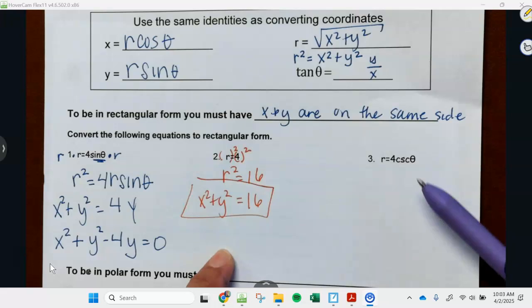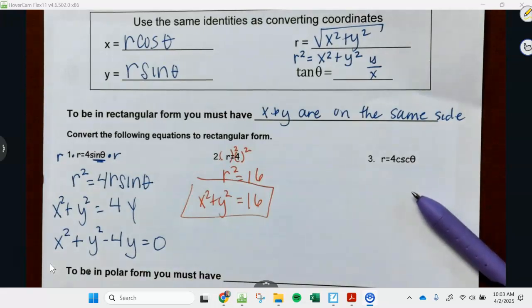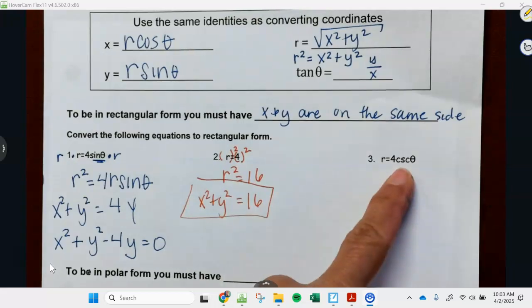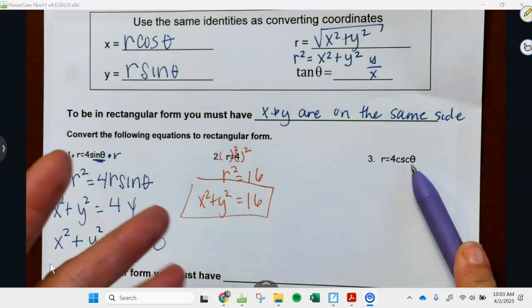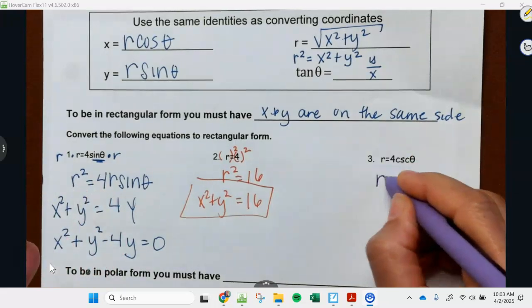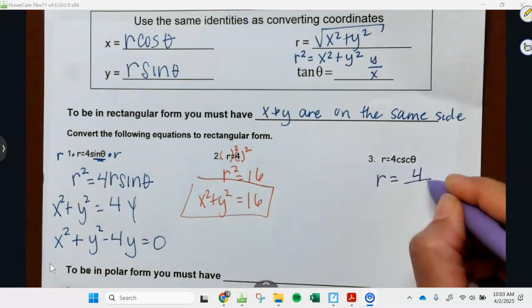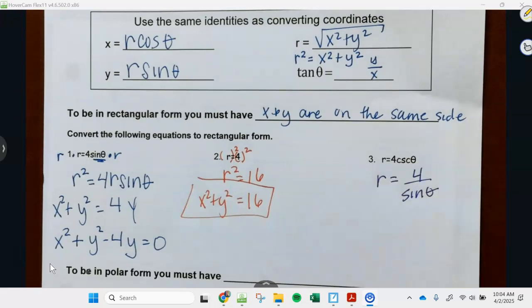All right, let's take a look at number 3. Guys, again, if it does not have sine or cosine, then we can't do anything with it. So this cosecant business is nothing for us. So we're going to rewrite cosecant as the reciprocal of sine. So r equals 4 over sine theta. We don't want cosecant ever, or secant, when we're working.